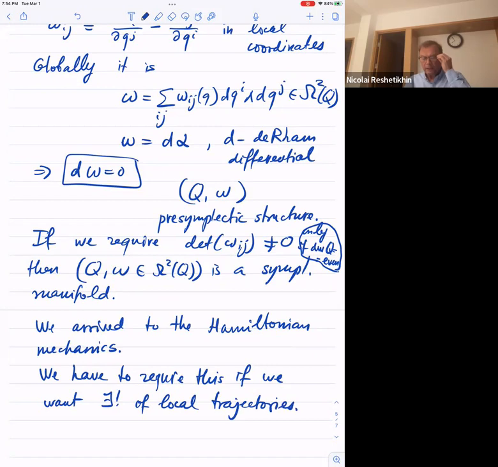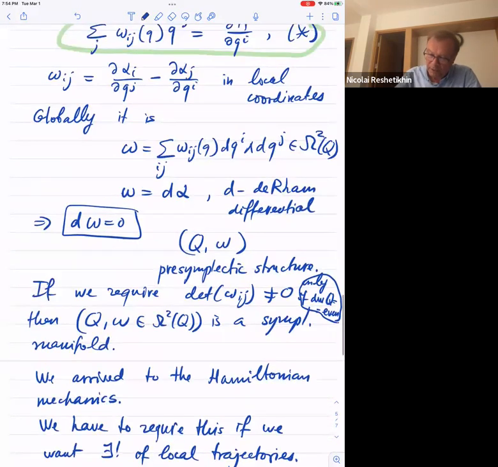So you see, if the matrix of second derivatives of the Lagrangian in velocity is positive definite, that's our case of Lagrangian mechanics. If it's identically zero, then if we still want to have the Picard theorem, the existence and uniqueness of local solutions, we have to assume that this matrix that we got over here is non-degenerate.